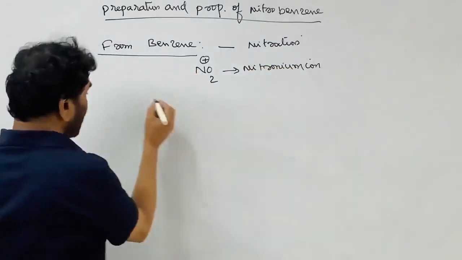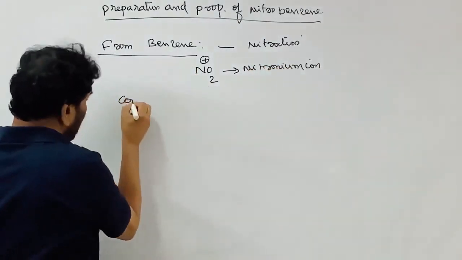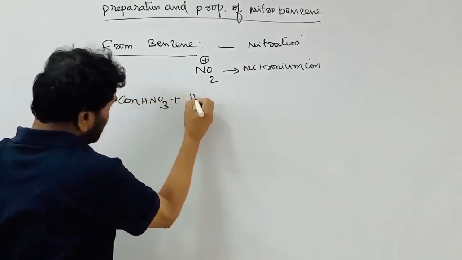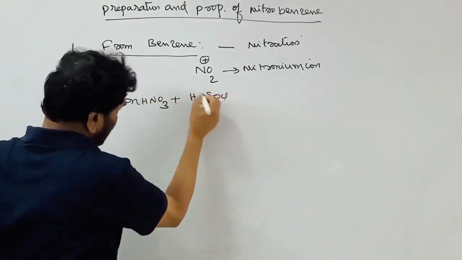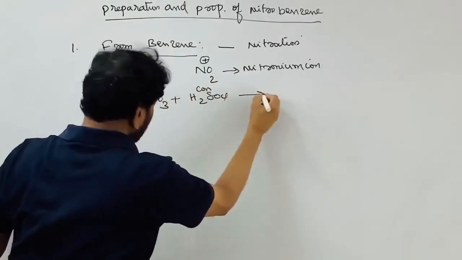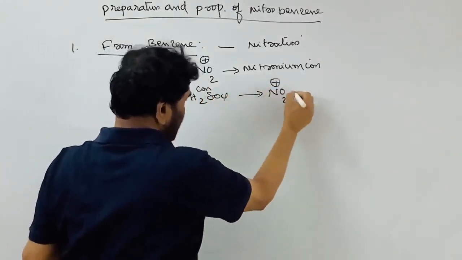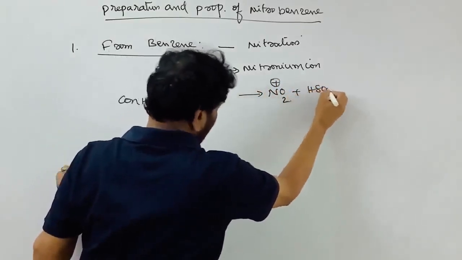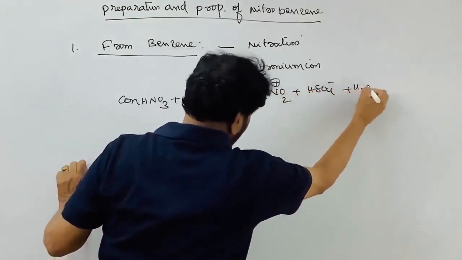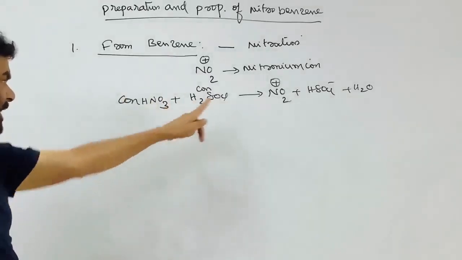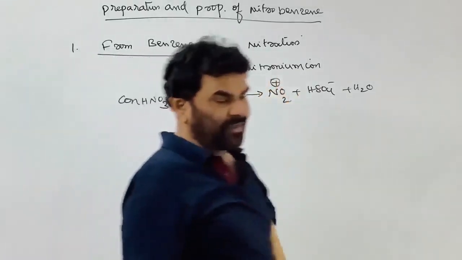The best reagent is concentrated HNO3 or fuming nitric acid plus concentrated H2SO4. This mixture provides the NO2+ nitronium ion as the electrophile, along with bisulfate ion and water. The H2SO4 protonates and acts as a dehydrating agent, helping in the formation of the nitronium ion.